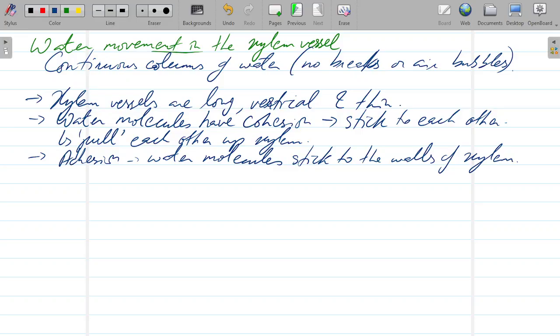So because of these properties, you can have these continuous streams, these continuous columns of water traveling through the xylem at great heights. Right? Is that clear? Yeah.